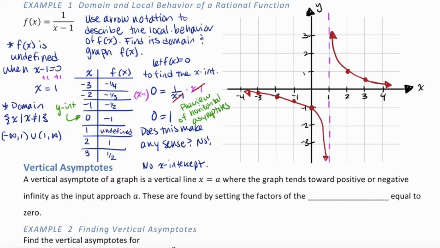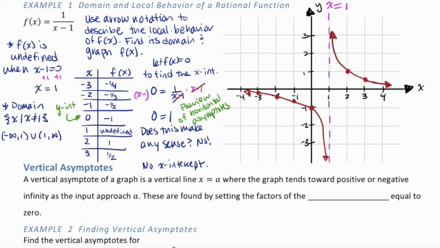As you can see, this graph gets infinitely close to this vertical pink line, which is described by x equals 1. And our graph also gets infinitely close without crossing y equals 0 or the x-axis.